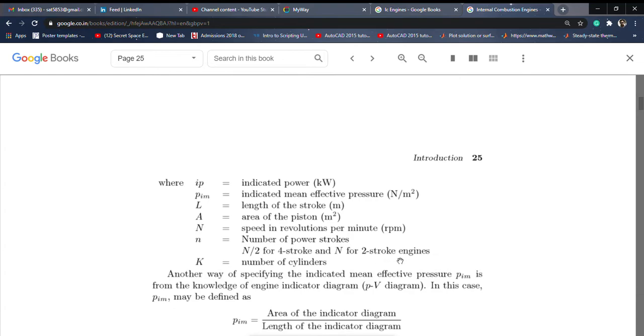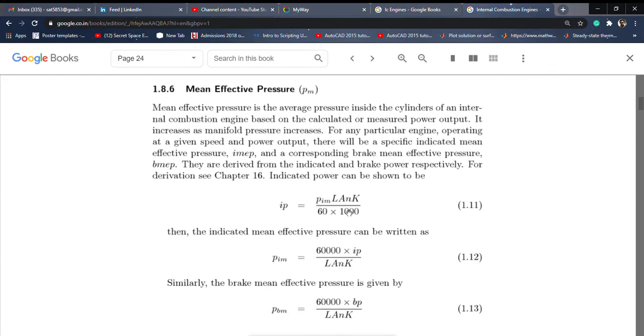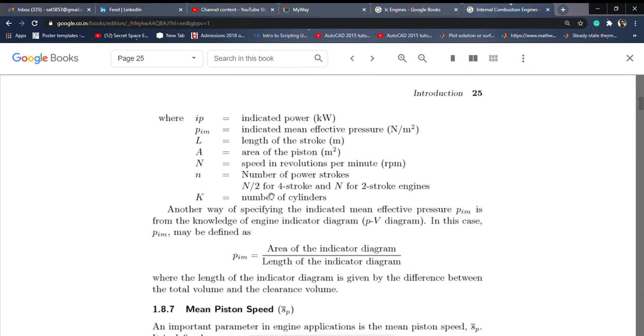In a two stroke engine, there is only one power stroke in one cycle, while in a four stroke engine there is one power stroke in two cycles. So n will vary with the type of engine. For four stroke it is n by 2, and if it is two stroke, it is n.